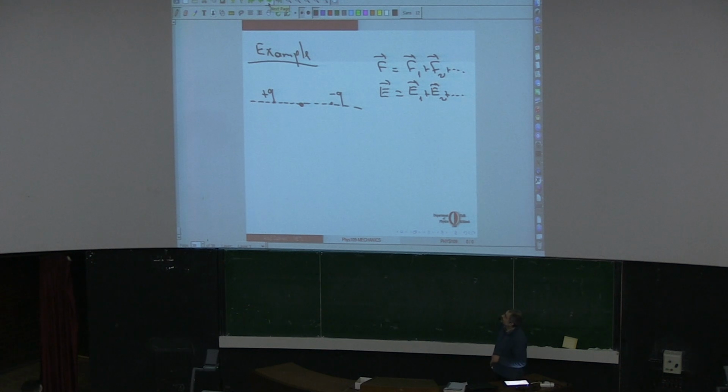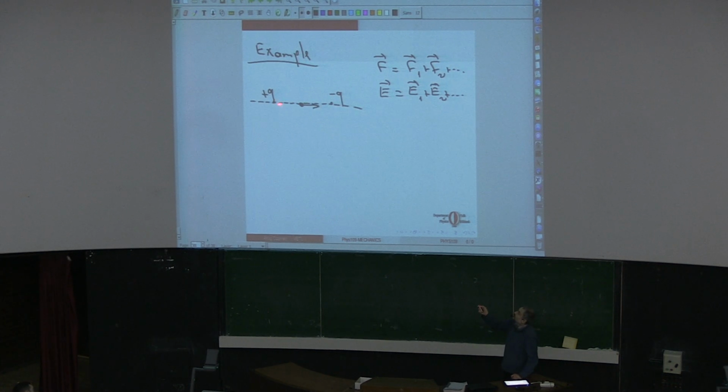So let's come back to this example. Well, here I have some positive charge. I know that the electric field created by this positive charge is radially outward. So it will create an electric field at this point toward the negative charge. And the electric field created by the negative charge is pointing inwards. So again, the electric field created by this negative charge at this point will be in the same direction. So the net electric field will be in this direction.